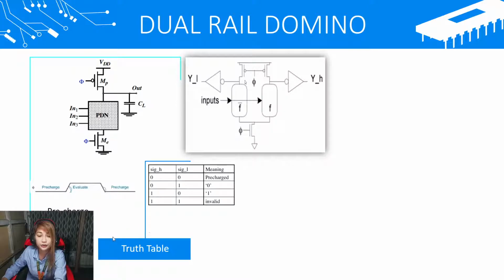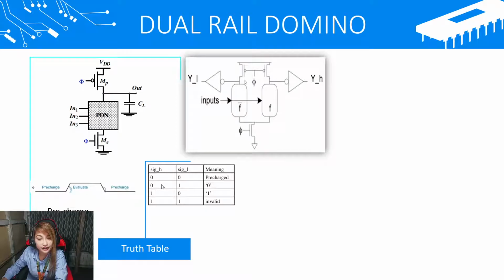This is the truth table for the dual rail domino. This is the output signal H, and this is the output signal L, or the inverted output. If the signal H is 0 and the signal L is 0, they are in pre-charge mode. But if the signal H and signal L are in 1, those are valid outputs.